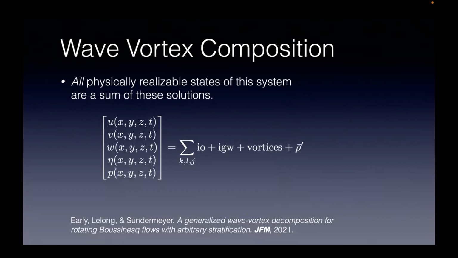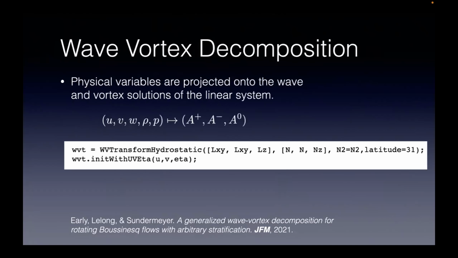So then you can just do this in reverse and invert everything and say, if I have some U, V, and buoyancy anomaly in my fluid, what are the waves and vortices?